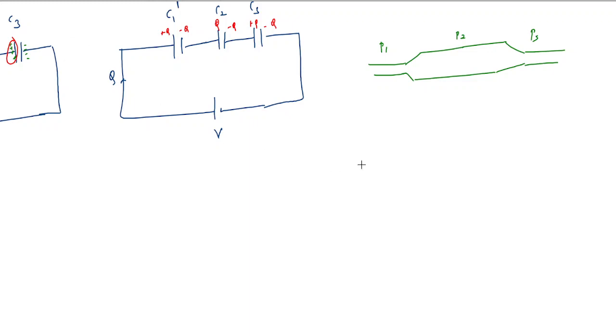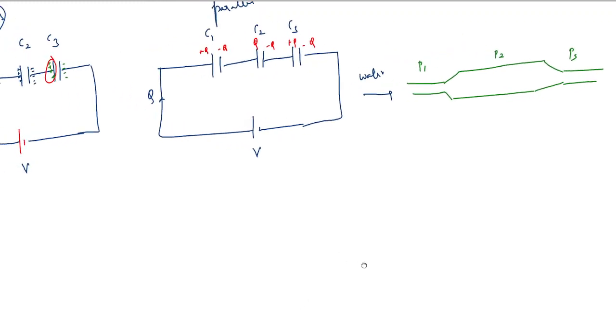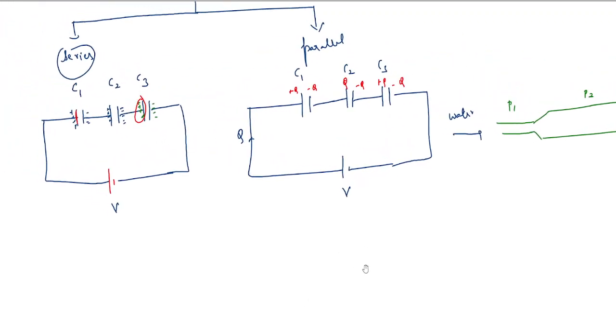In series combination, the water enters from here, and the same amount of water flows through all the pipes. So you can think of the capacitors in series like the pipes connected here. So this is called series combination, where all the capacitors will have the same charge.